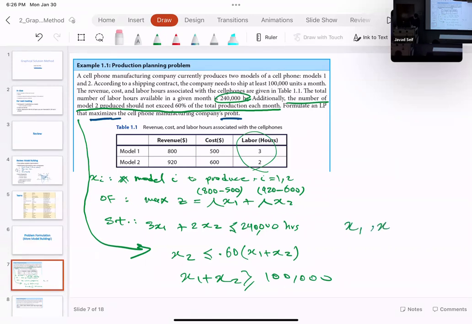Or a better way is this: Xi is a member of, not much better. And here I write for all i, for any i: 1, 2, 3, 4.